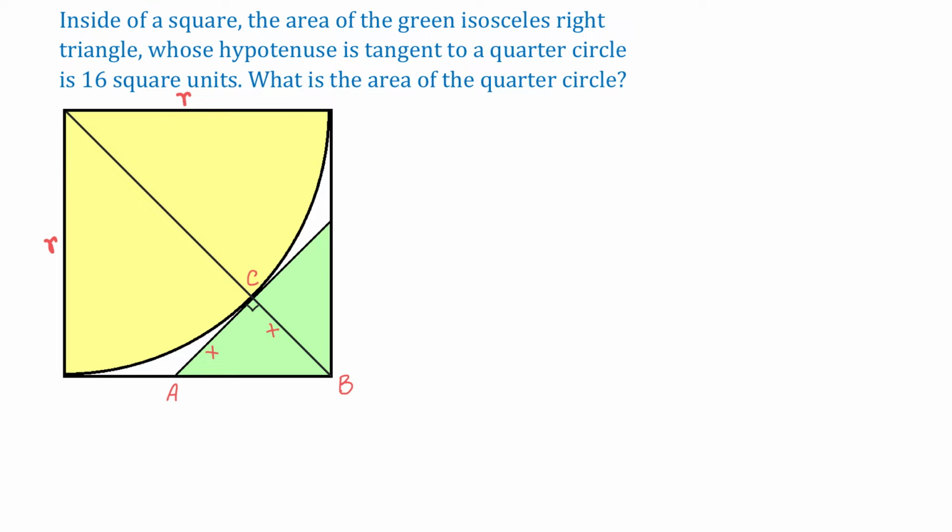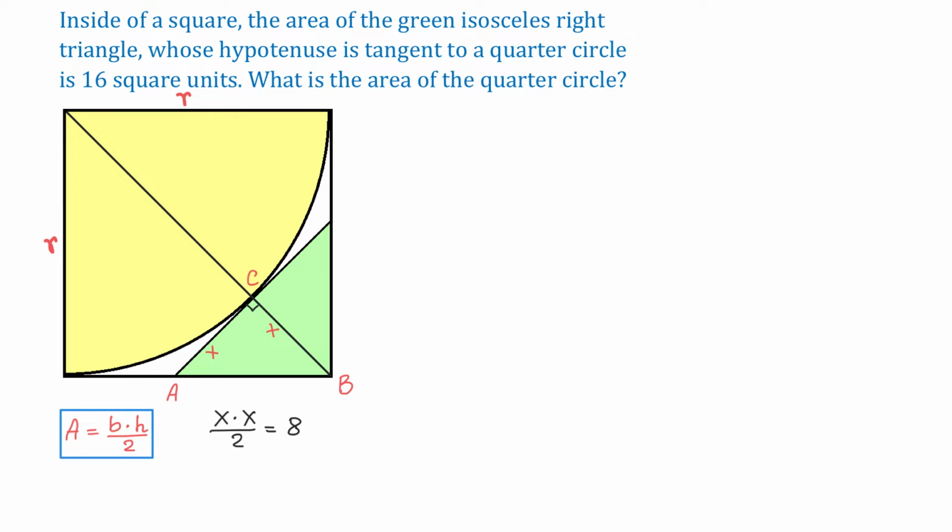Now we know that the area of a triangle can be found using the formula area equals base times height divided by 2. Then in the triangle ABC, if one of these sides is the base and the other one is the height, then we can write the following. The base x times the height x divided by 2 equals 8.